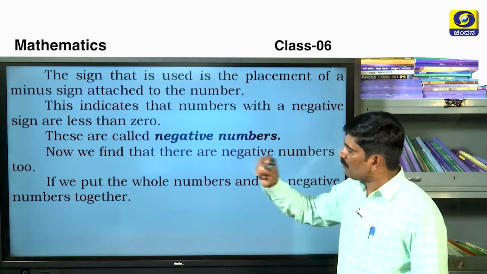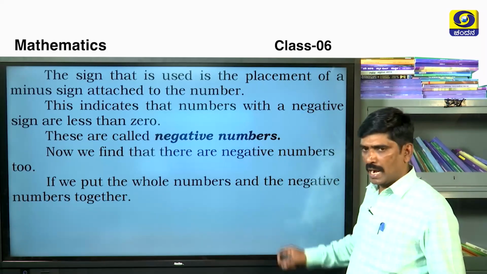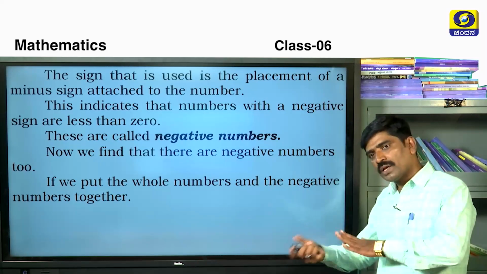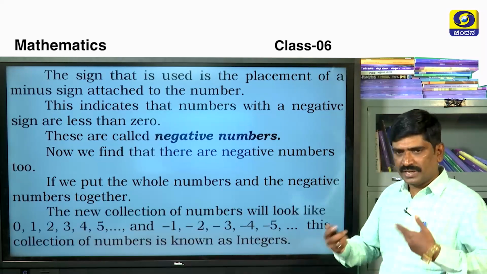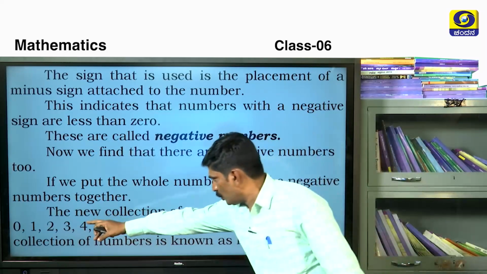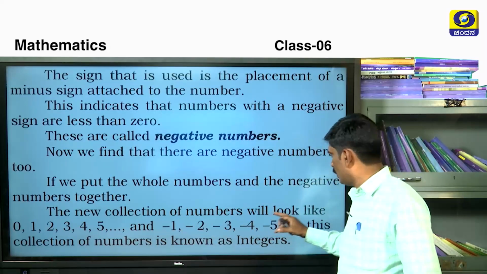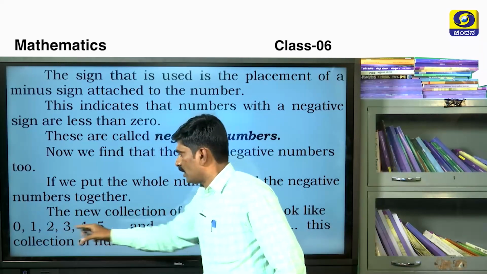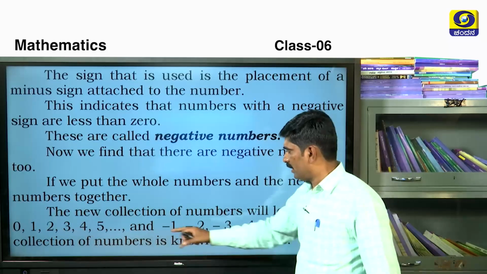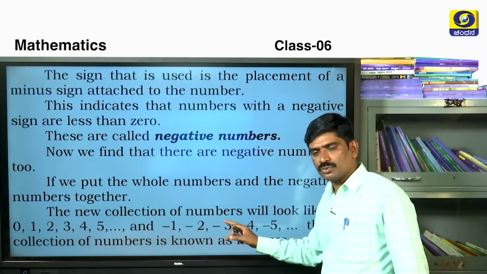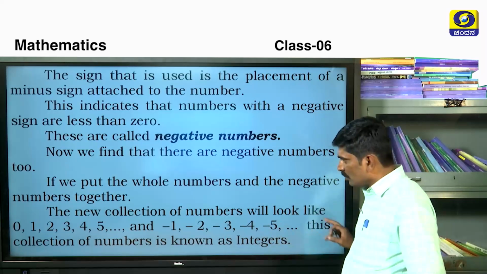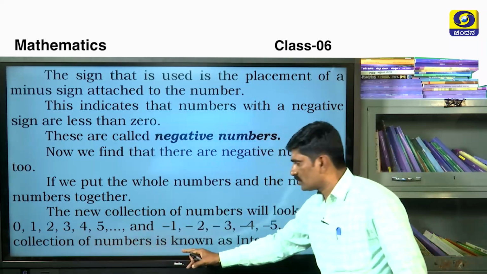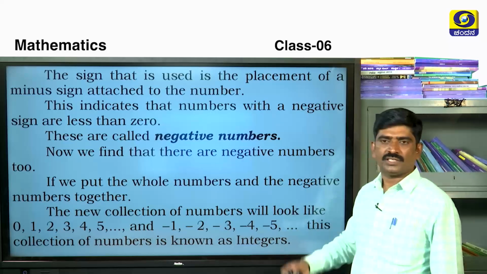Then if you put the whole numbers and the negative numbers together, what happens? We get integers. The new collection of numbers will look like 0, 1, 2, 3, 4, 5, etc., whole numbers, and negative numbers -1, -2, -3, -4, -5. This collection of numbers is known as integers.